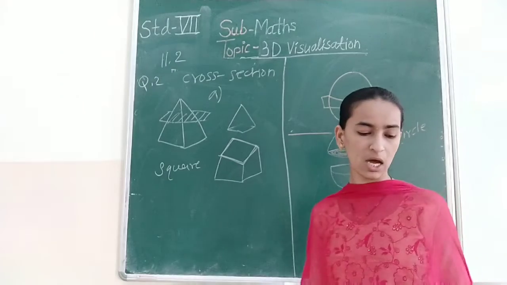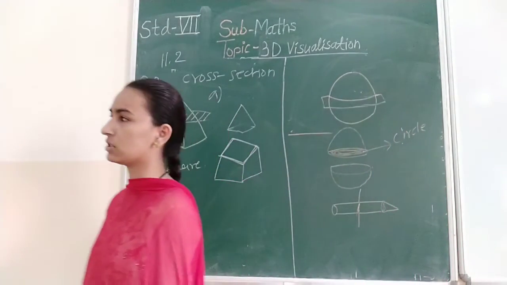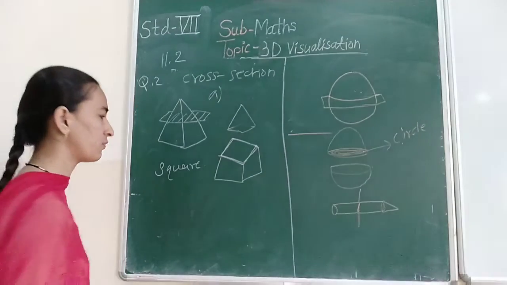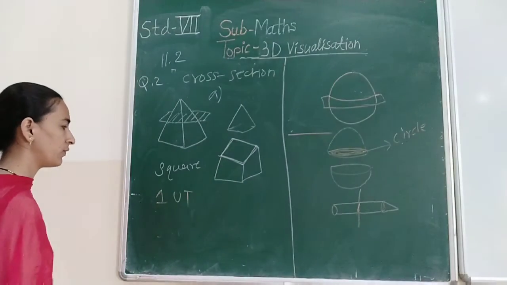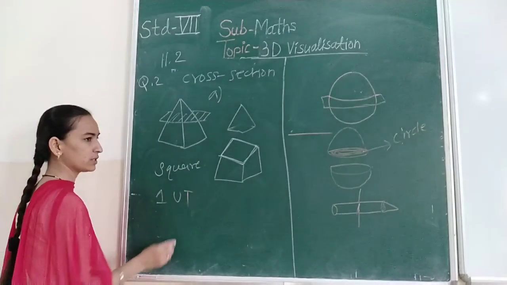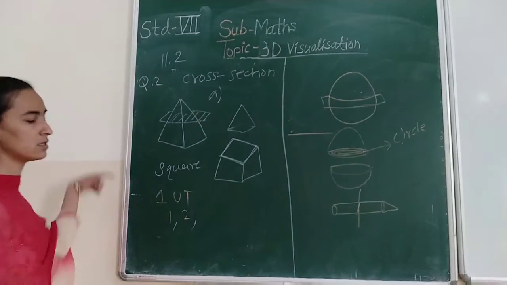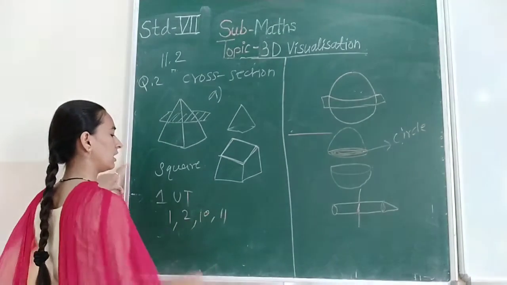Okay students. Now this chapter is over. That means your 3D visualization. You are having 4 chapters for your first unit test. The first lesson, second lesson, then 10th and 11th lessons.